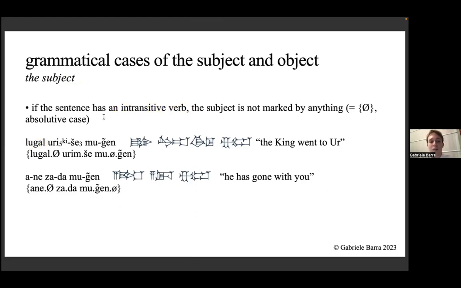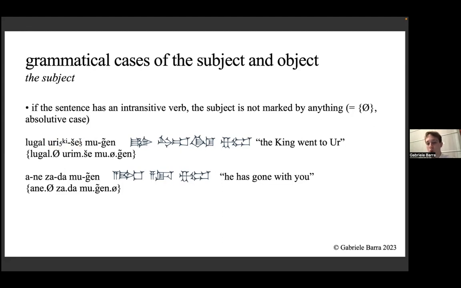Let's see a couple of examples again. Lugal, which is, again, king. Uri, which means, well, it's the city of Urim or Ur, Urishe, towards Ur. So we see that since it's got a she, which is the terminative case, which is again movement towards a place, which again happens to be a prepositional or indirect object, we cannot understand this sentence as a transitive sentence.